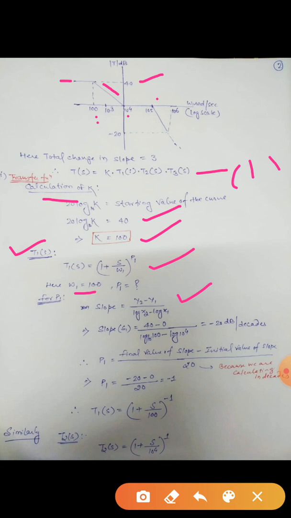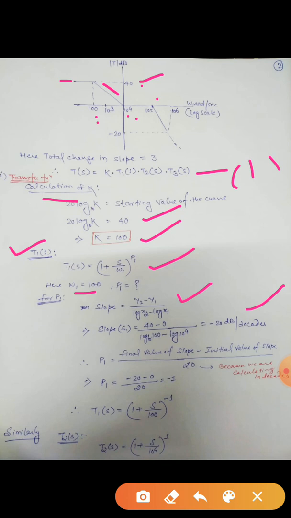Here the value of y2 is 40, the value of y1 is 0, the value of x2 is 100 and the value of x1 is 10 to the power 4. So from there the calculated value of slope is equal to minus 20 dB per decade.